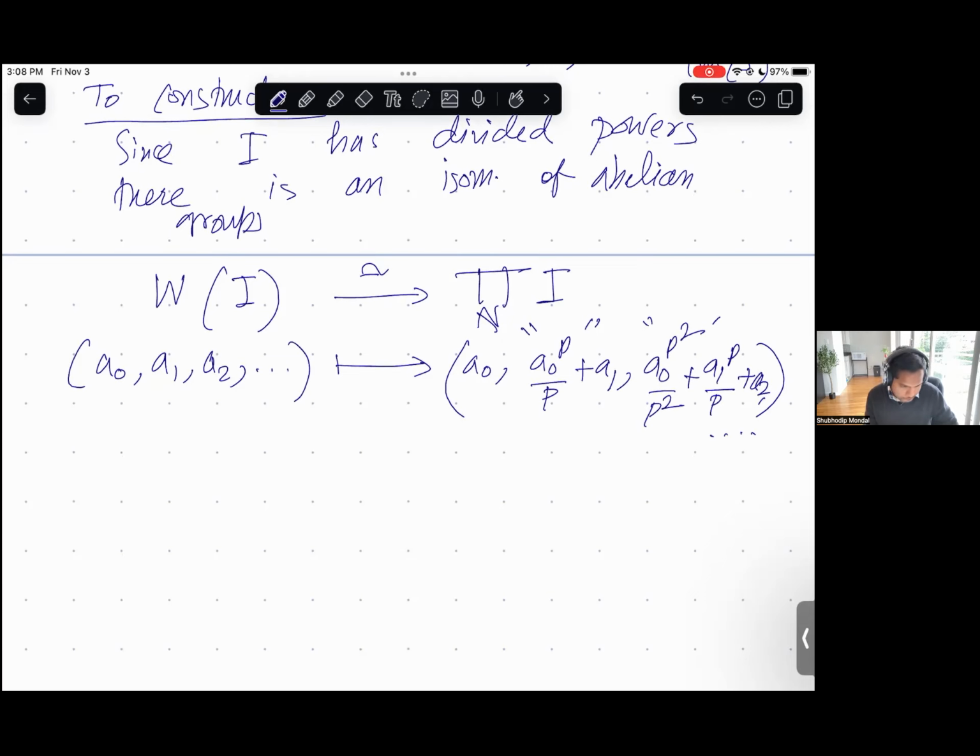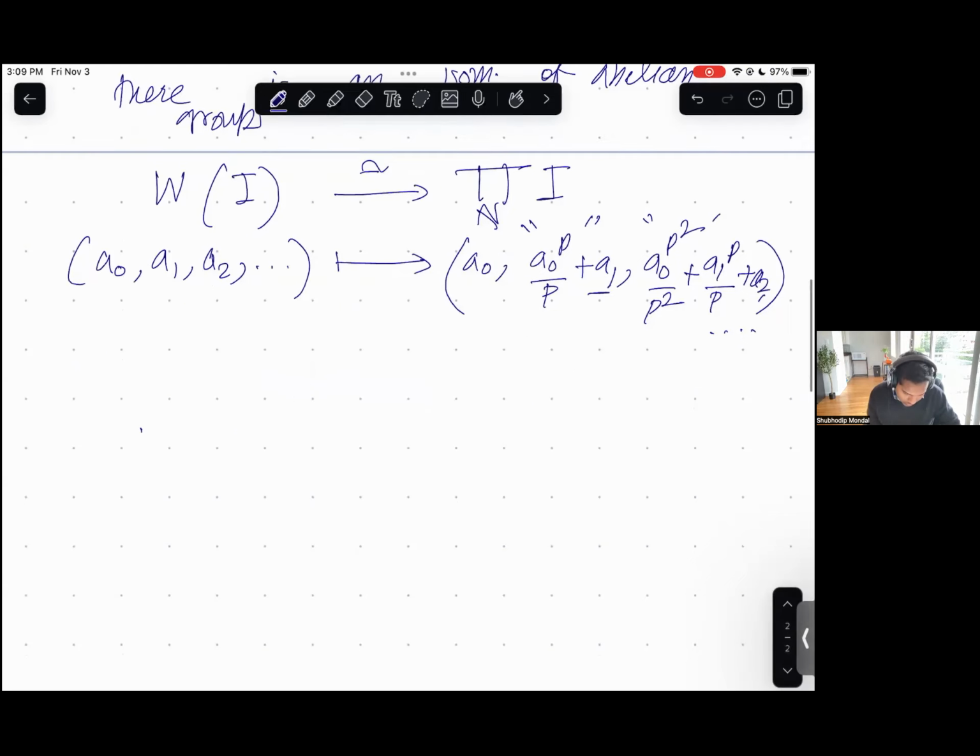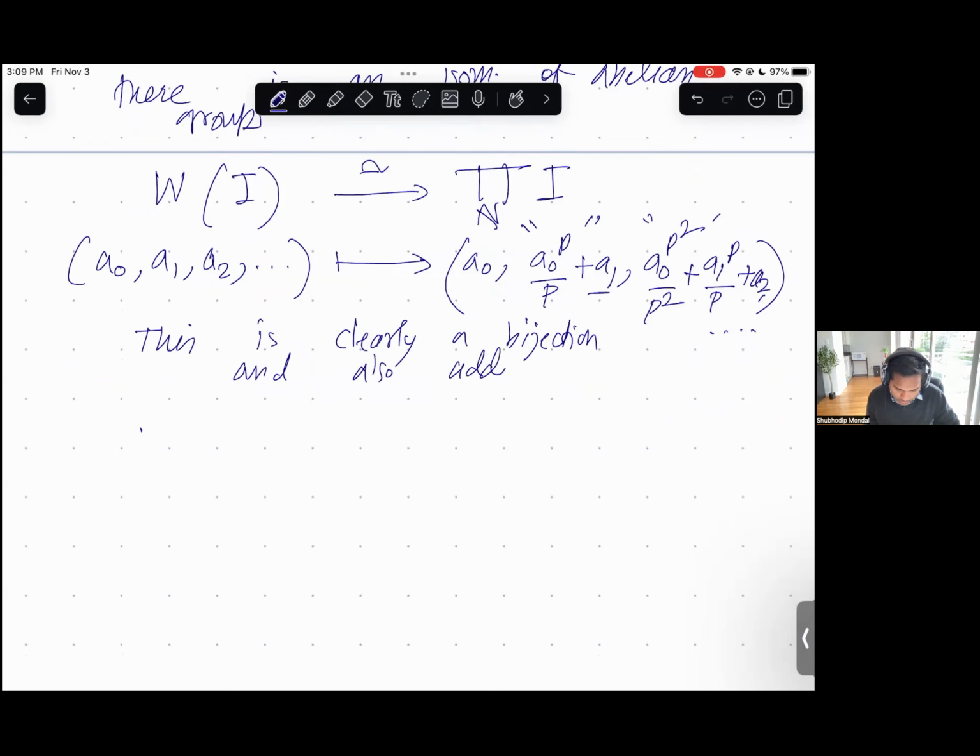The way that this map is defined, it will be additive, and one clearly sees that it will have to be a bijection as well because of these terms like a1 and a2. So this is clearly a bijection, and also additive.